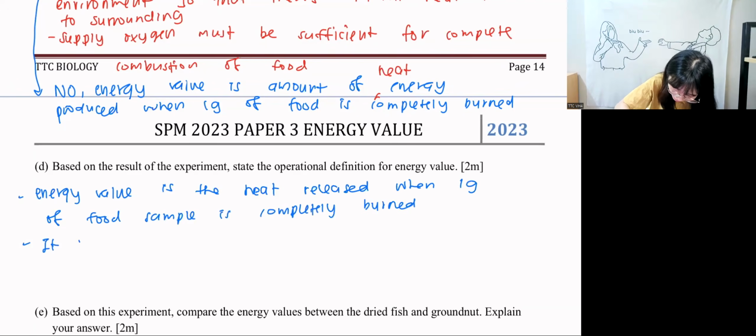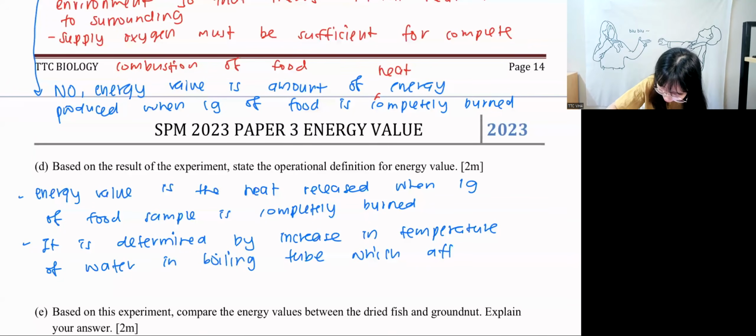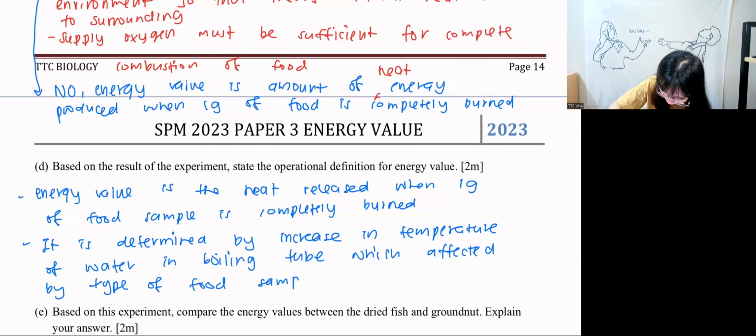Then you can say it is determined by increase in temperature of water in boiling tube, which is affected by type of food sample.